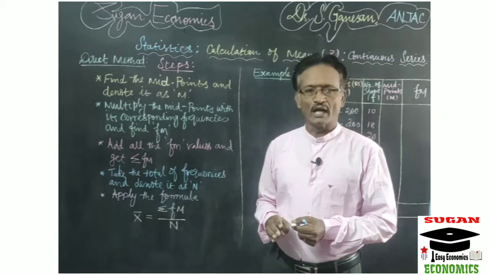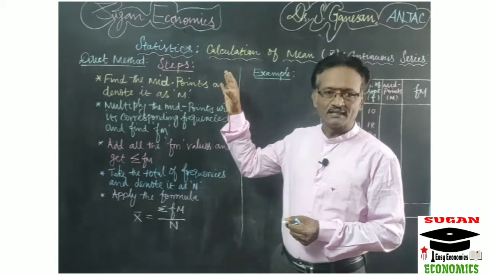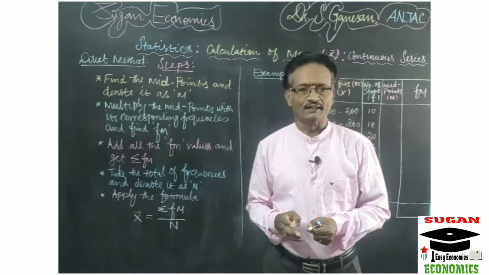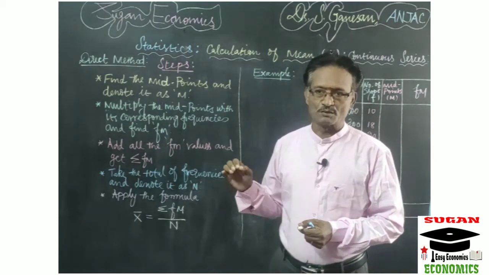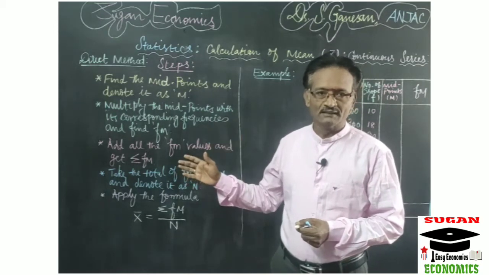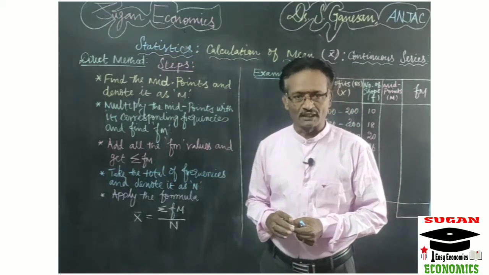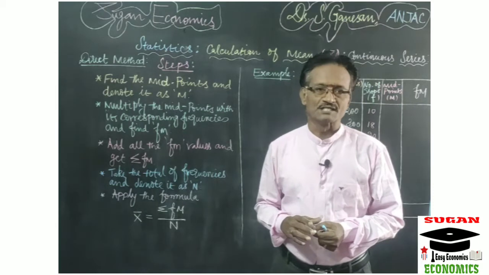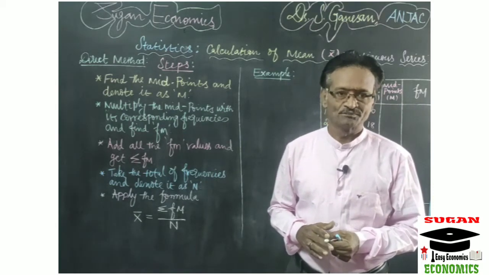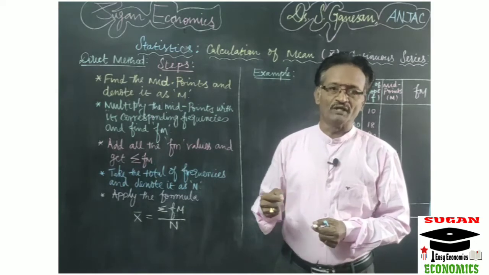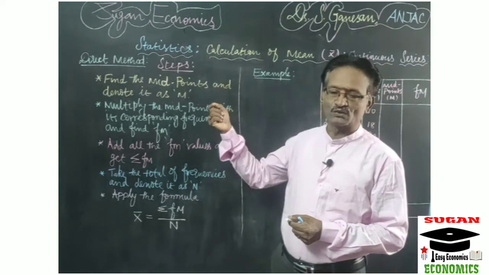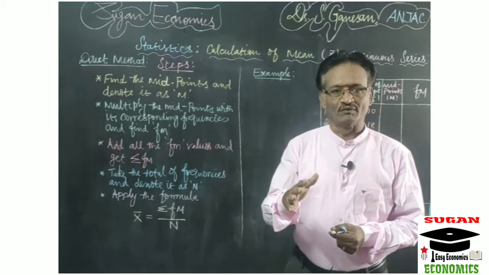Okay. So there are three methods involved in calculating the arithmetic mean for continuous series. The first method is the direct method, the second method is the shortcut method, and the third method is the step deviation method. For simplifying our calculation we have moved from direct to shortcut and shortcut to step deviation method.